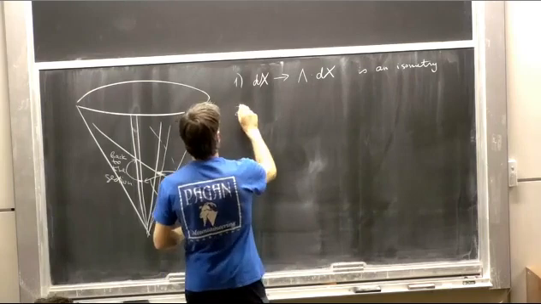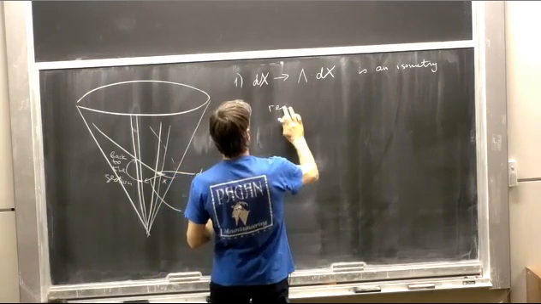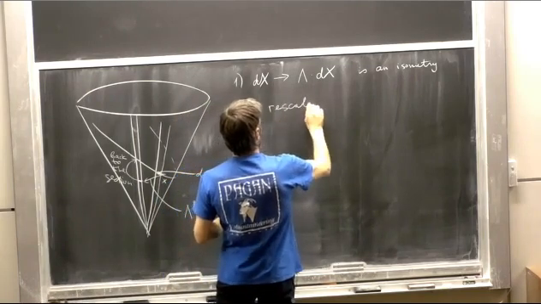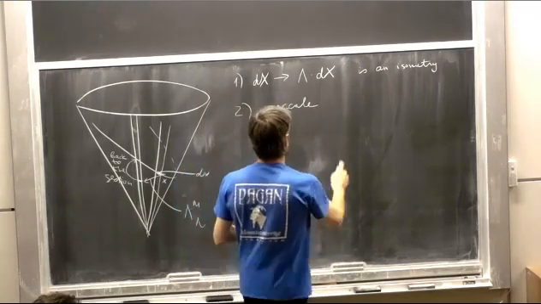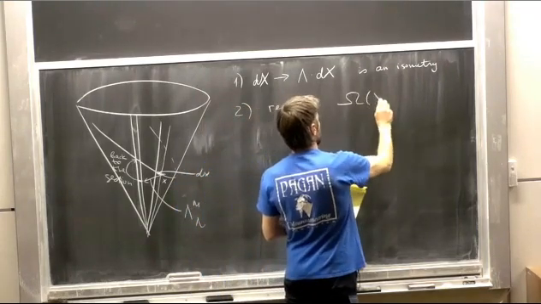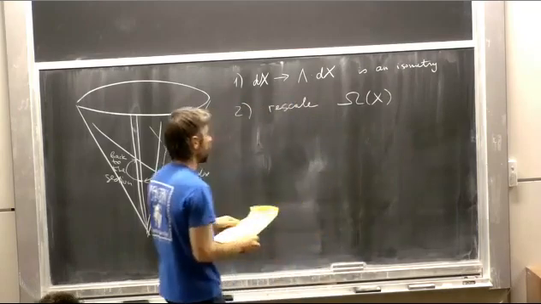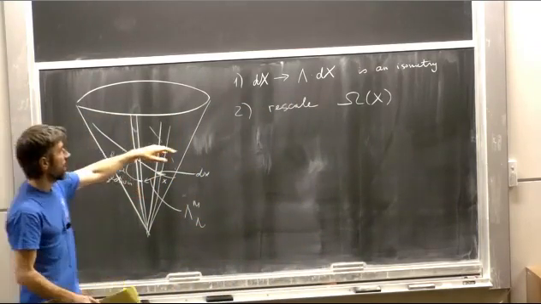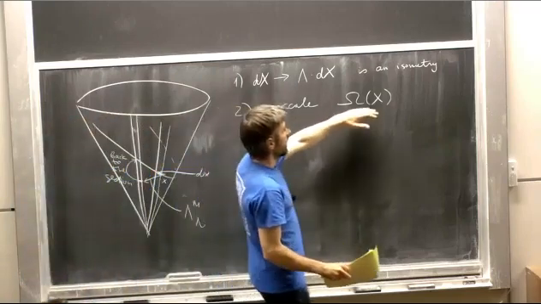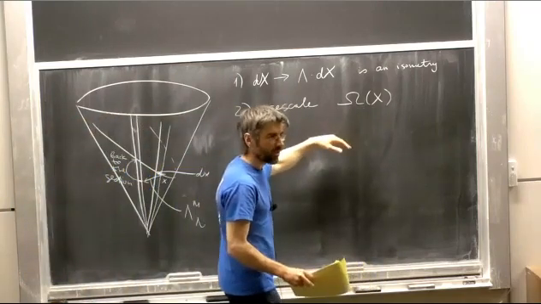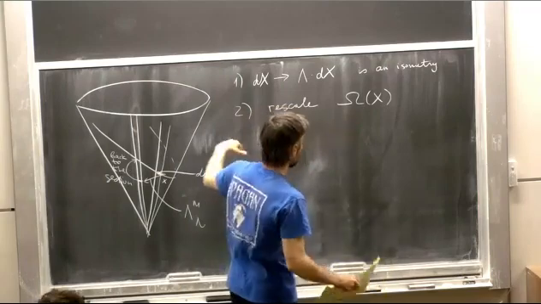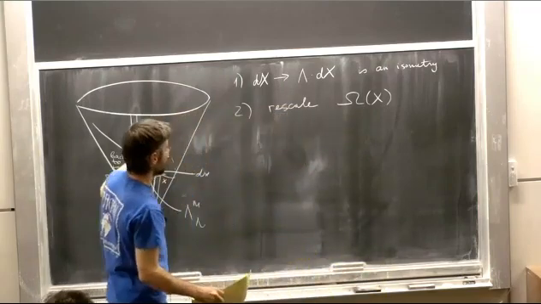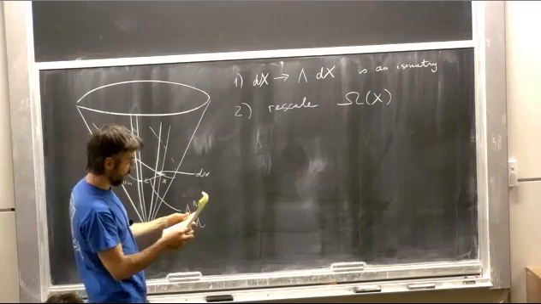So the second step is to rescale. So there's going to be some rescaling factor, let me call it omega of x, which depends on the transformation that I'm considering. But I'm claiming that no matter what this rescaling factor is, actually the derivatives of omega are not going to enter.